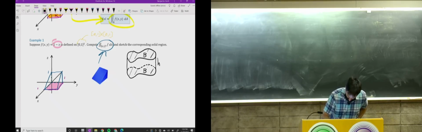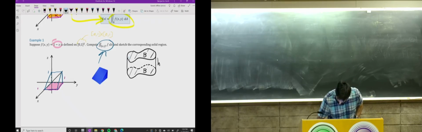Then the resulting solid has volume given by B times H.